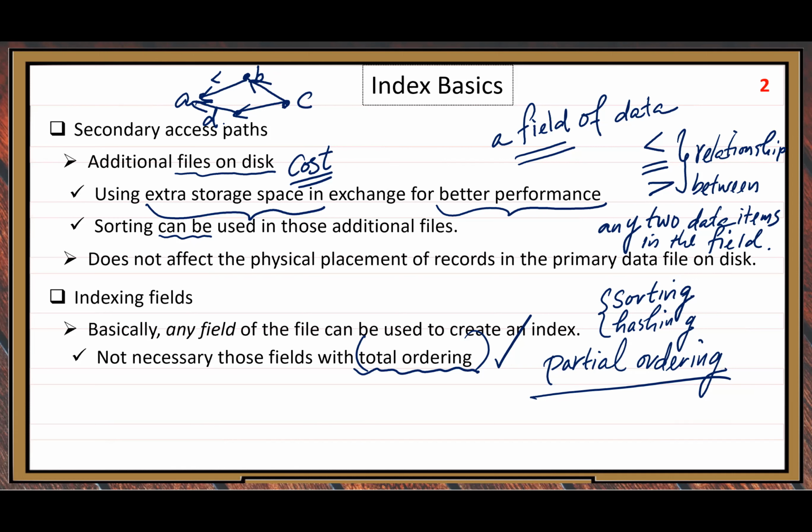Now the question: look at the relationship between B and D. Can you tell me which one is greater, which one is smaller? No arrow from B to D and no arrow from D to B. That means this diagram does not have total ordering, but it has partial ordering.